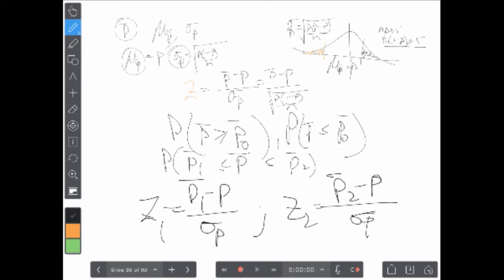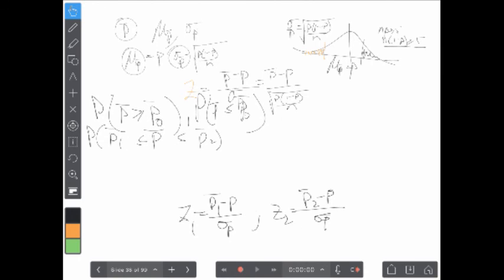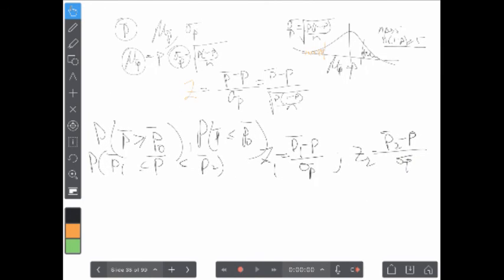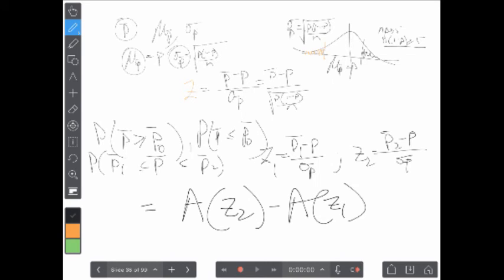Once you find those two Z values, if you are interested in the probability of being between two values, you must subtract the areas associated with those Z values. That probability would be the area associated with Z2 minus the area associated with Z1, right?